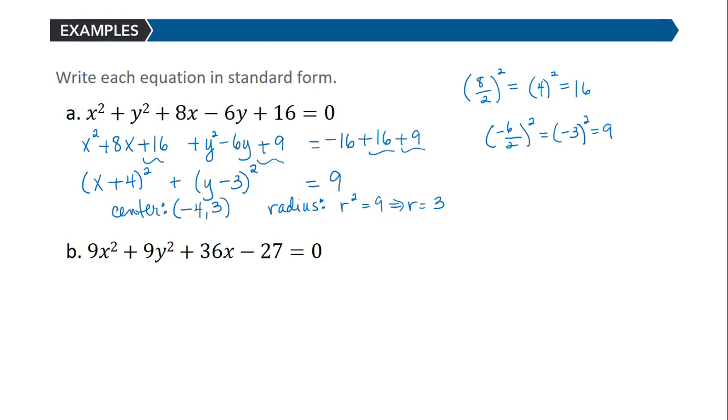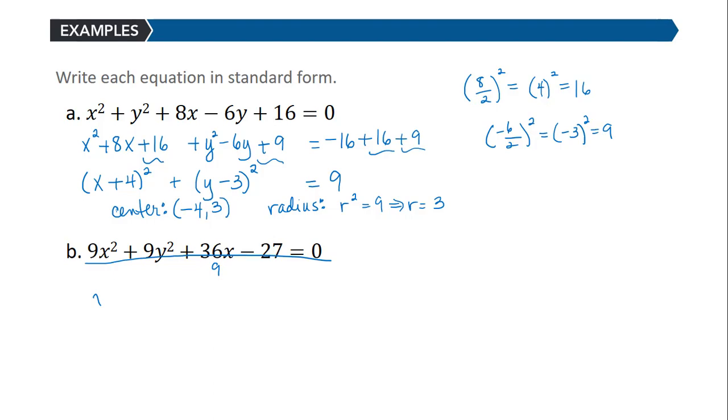In the next equation, I have 9x squared plus 9y squared plus 36x minus 27 equals 0. I want to first realize that I can't have something other than a 1 on the coefficient of x squared and y squared. But I do notice it's the same thing, and they're added together, so I know it's a circle. I'm going to first divide everything through by 9.